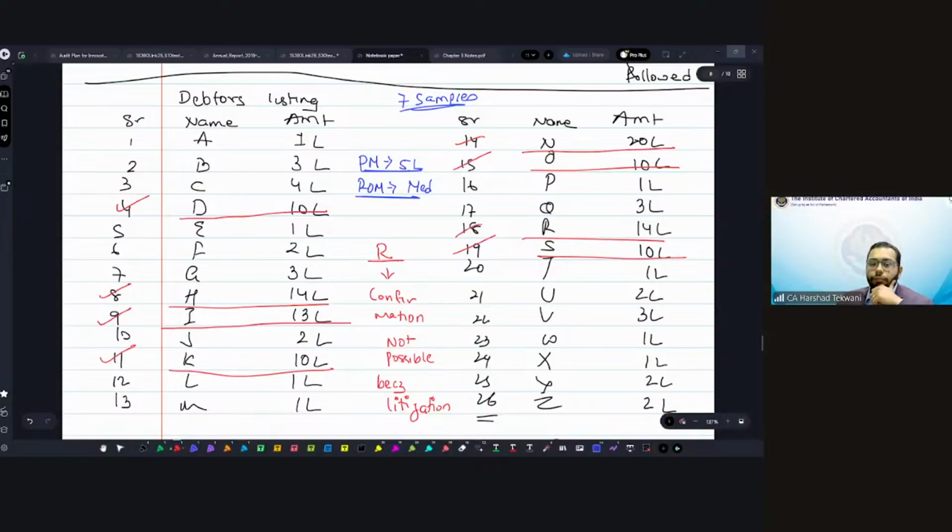For that we will do the further audit procedure. But when there is a specific restriction on the confirmation, legal litigation, there are other items in this population, so we can give the chance to other items. That is what I'm saying.